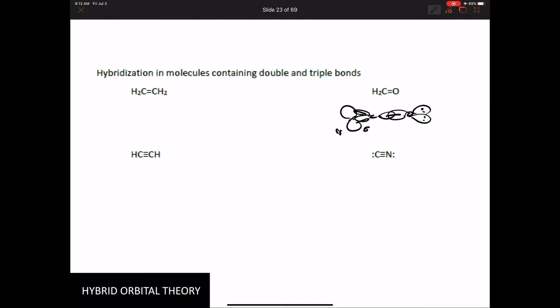I have to explain the pi bond by the overlap of adjacent parallel p orbitals gives me my pi bond. So really, these two things have the same structure, right? In this one, you've got H's and C's overlapping in these hybridized orbitals to form sigma bonds. In the case of formaldehyde, you've got lone pairs in them. Same thing.